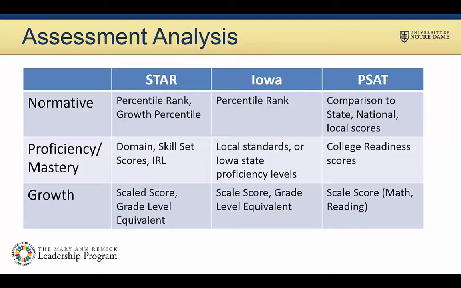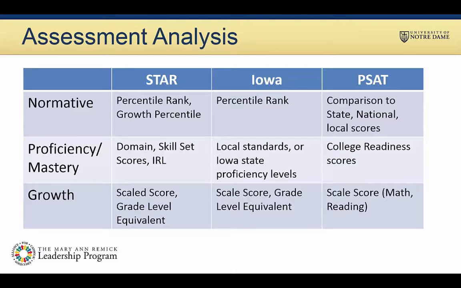And then again, looking at growth, in all three cases, the scale score is present. Sometimes it's more accessible than others. You have to do a little more digging in the analysis tools, but that's part of the purpose of this assignment, to unpack standardized assessment scores a little bit more than we normally do and look at the different kinds of scores that are available.